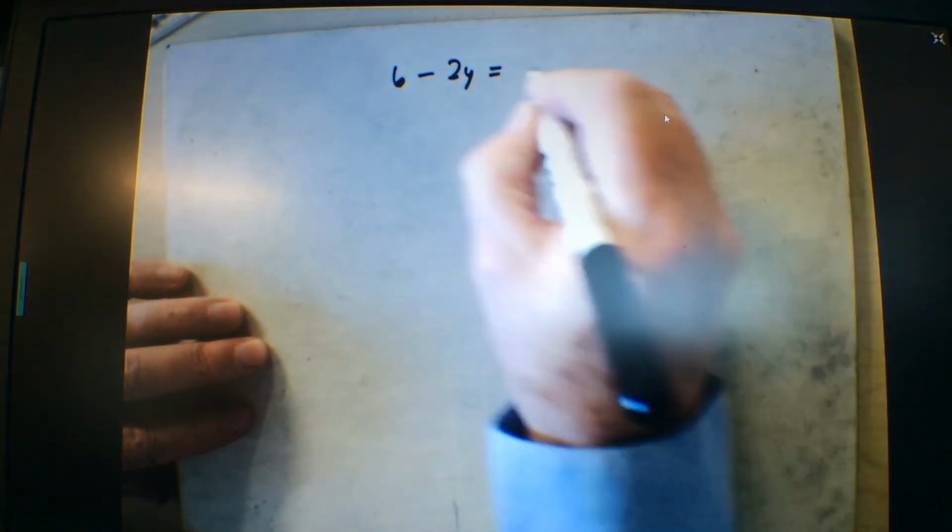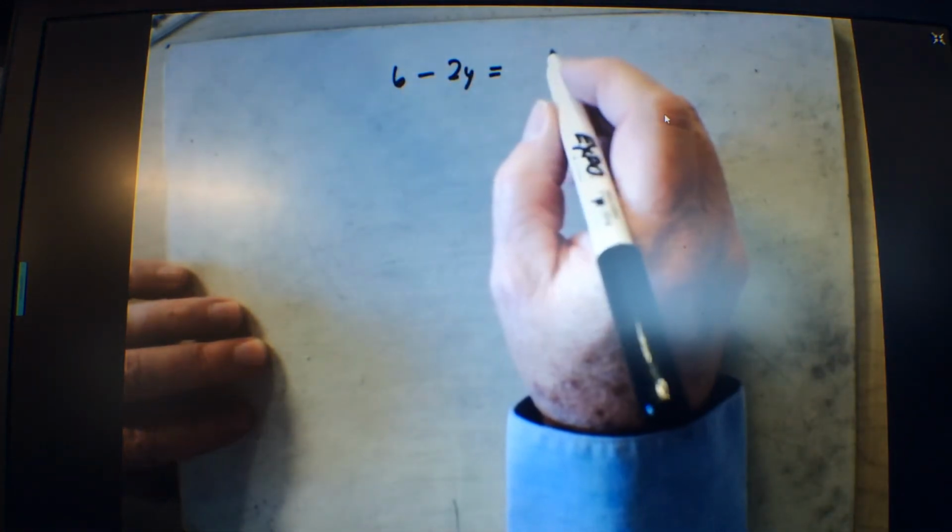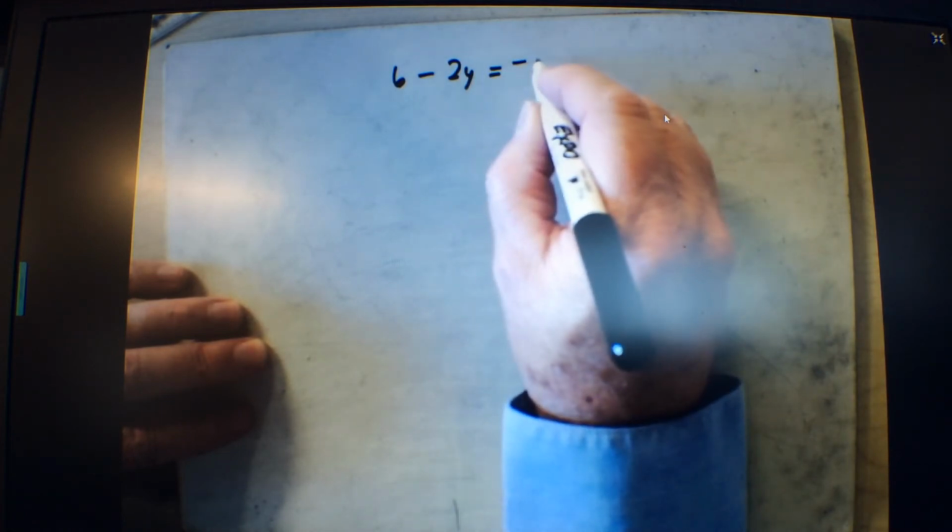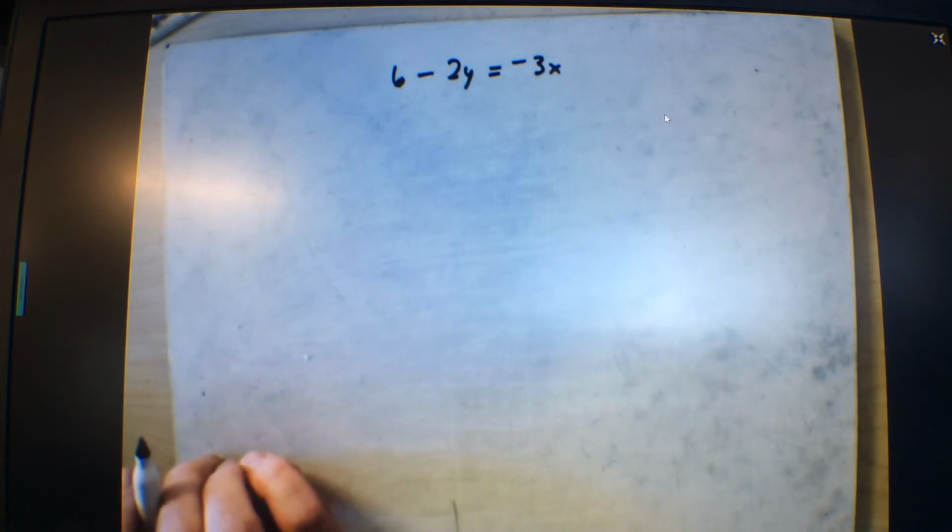All right, what I want you to do is, while she's finishing that, I'm going to give you another one. But I'm going to put it in a different form. Now this is not in standard form. It's linear, but it's not in standard form.